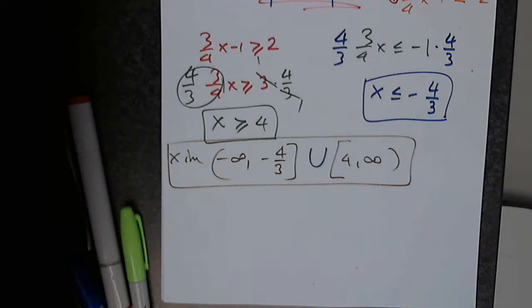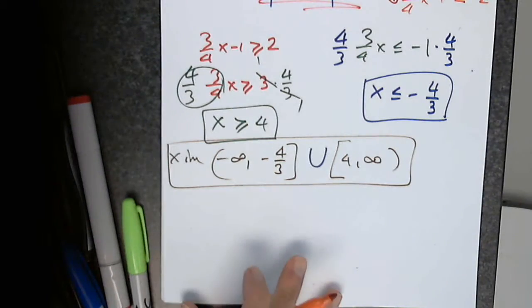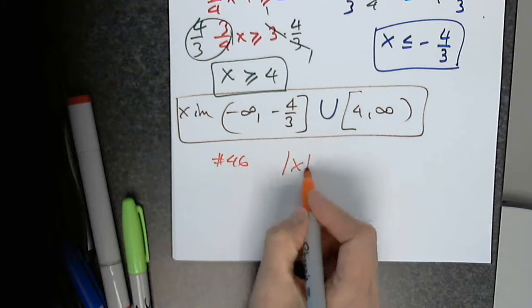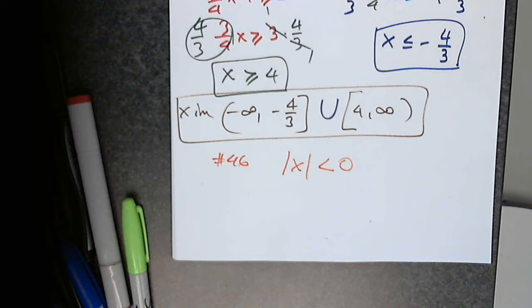Good. Let's look at some other examples. Let's say 46. The absolute value of x less than 0. Some of these inequalities can be tricky, so you have to be very careful.